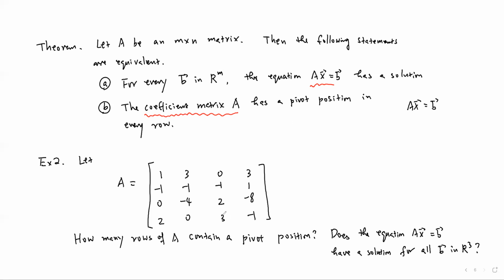Given a matrix, how many rows of the matrix contain pivot positions? How to answer this question? Reduce the matrix to echelon form. Let me write the solution here.